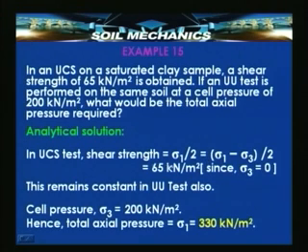So here it is: from the unconfined compressive strength test we get sigma 1 minus sigma 3 by 2, where sigma 3 is 0. Since this remains constant in the UU test, from here we can calculate sigma 1 minus sigma 3 plus sigma 3 and get sigma 1, the axial stress, which comes to 330 kilonewton per meter square in this particular case. This is a total pressure because it is an unconsolidated undrained test.